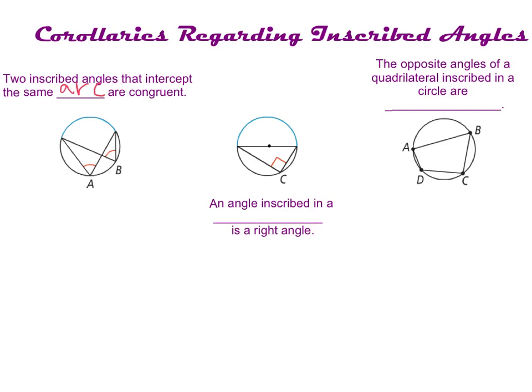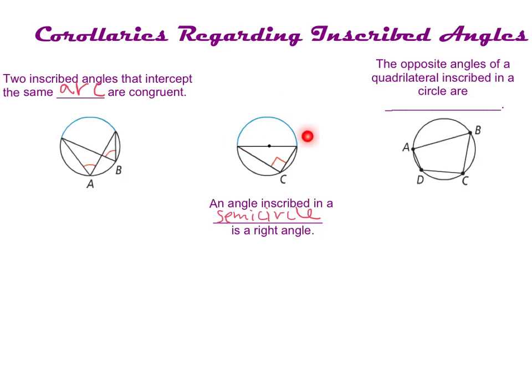The next one: an angle inscribed in a semicircle is a right angle. Just like in the last example we did, we had this conversation about how this is a whole 360, so this is half of it, which means 180.